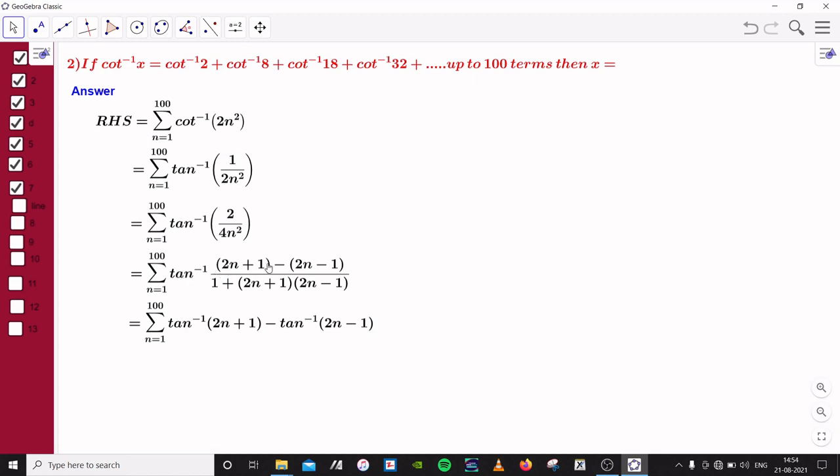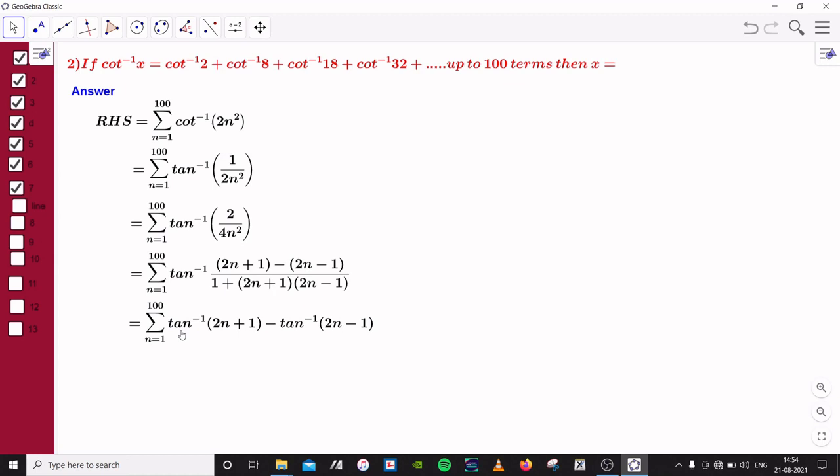Tan inverse x minus tan inverse y. Isn't it? Now substituting the value of n from 1 to 100, that means expanding this term. When n is equal to 1, 2n plus 1 becomes 3 and 2n minus 1 becomes 1. When n is equal to 2, that becomes tan inverse 5 minus tan inverse 3 and so on.